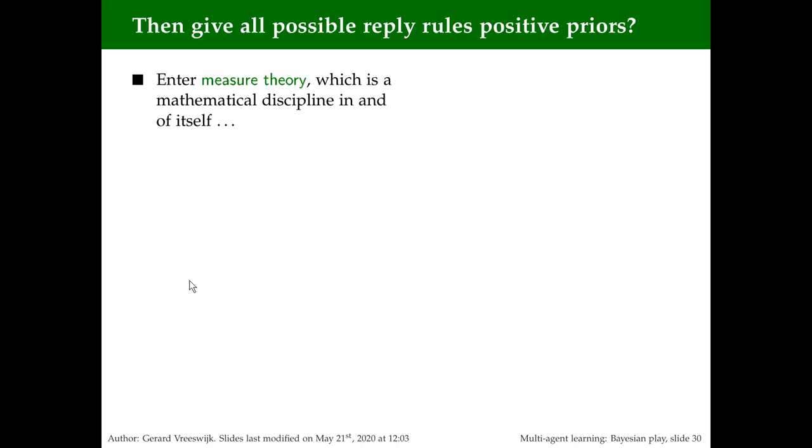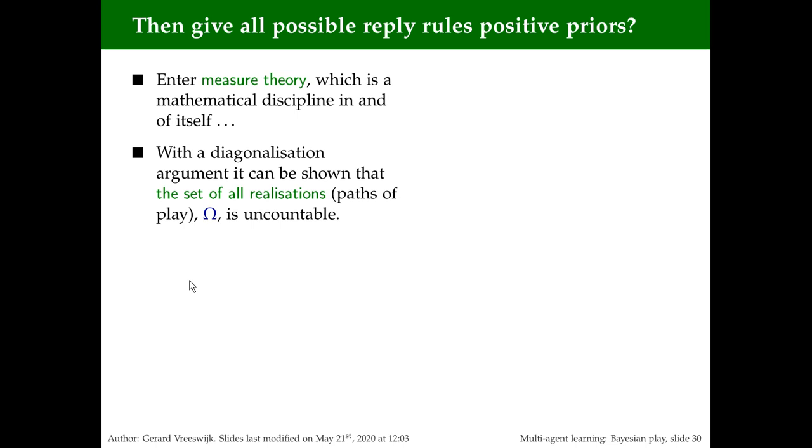This is a consequence of measure theory, and measure theory is concerned with how to give positive real numbers to sets, and in probability theory that is the problem of giving probabilities to events, which are also sets.